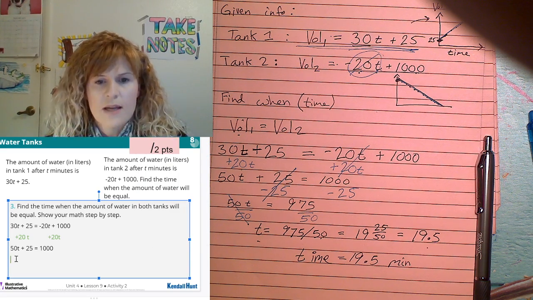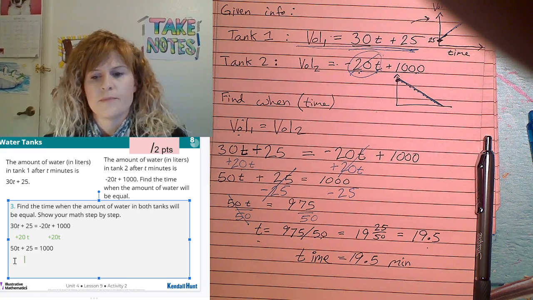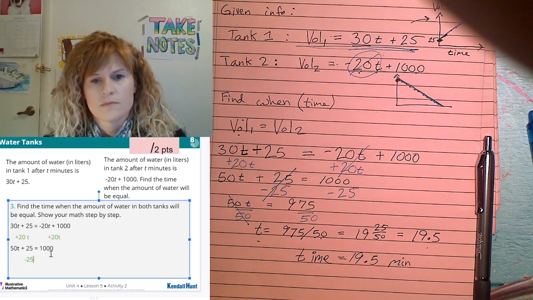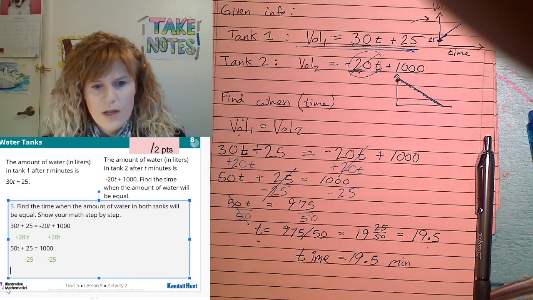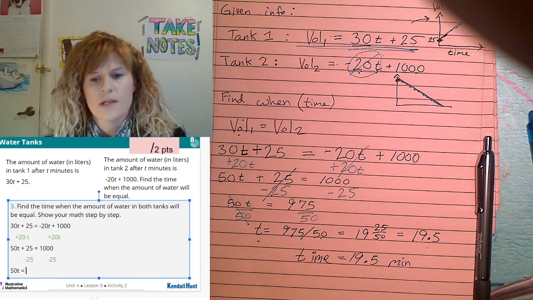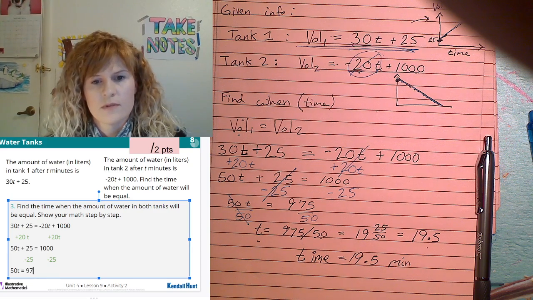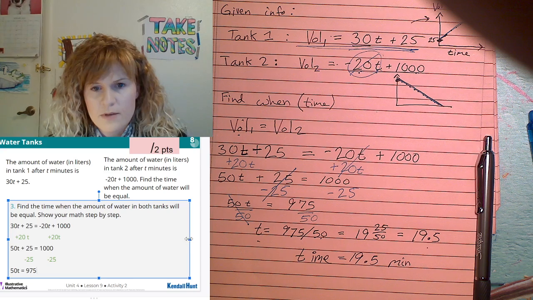The next thing I did after that was I subtracted 25 from both sides. And I got 50t equals 975. And we've already done this on paper, so it's not going to be too hard for you now, right?